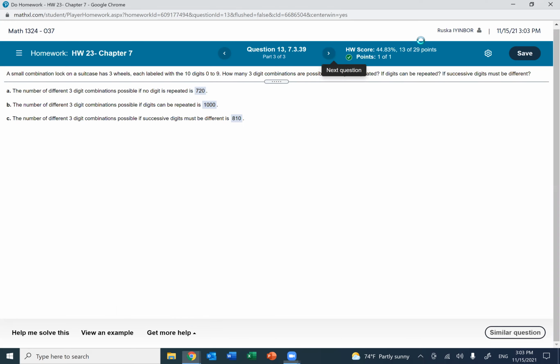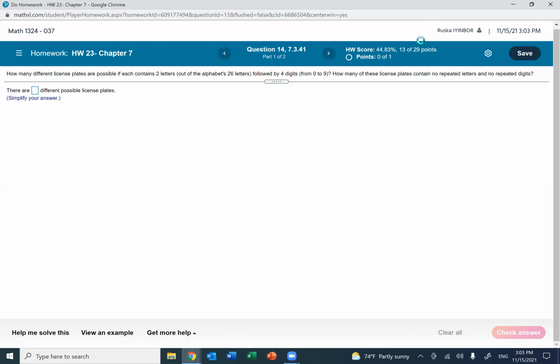And going to number 14. Number 14, you have how many different license plates are possible if each contains 2 letters followed by 4 digits. How many contain no repeated letters? So here we're doing combinations.